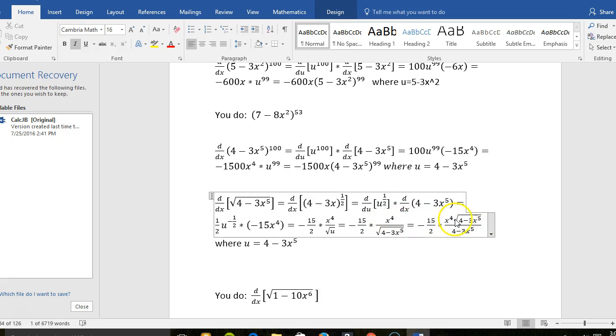So I'd stick a radical 4 minus 3x to the 5th up here with that x to the 4th, and I'd stick a second one down here. But radical that times radical that would just give me ordinary 4 minus 3x to the 5th. That's the whole algebra 2 process of rationalizing the denominator.